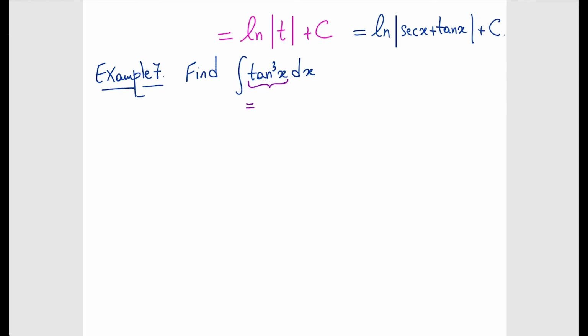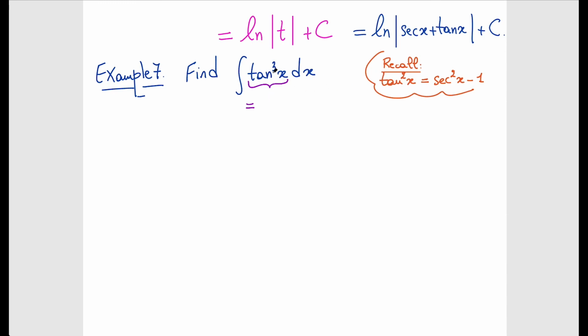Let me write it in brown here. So we know that tangent squared x is equal to secant squared x minus 1, right? So recall it. It was mentioned above.